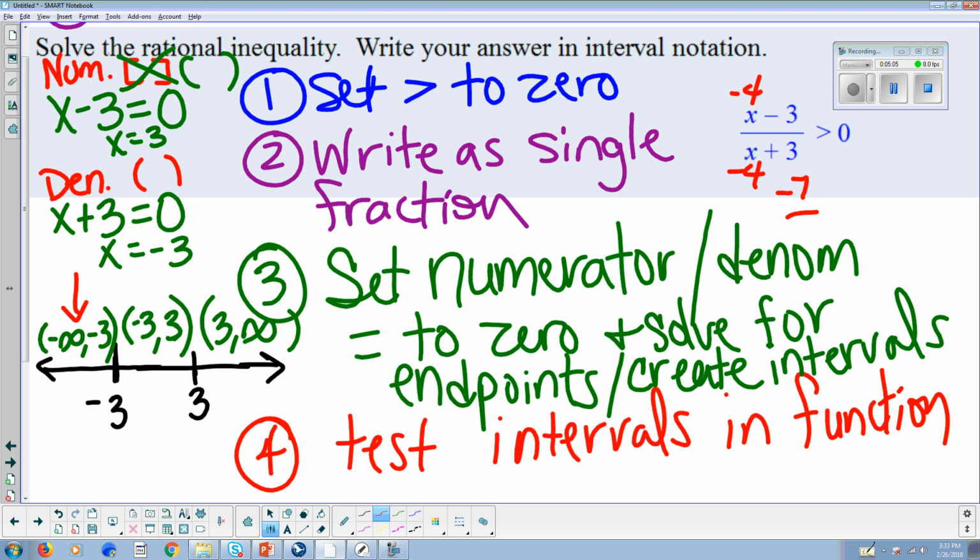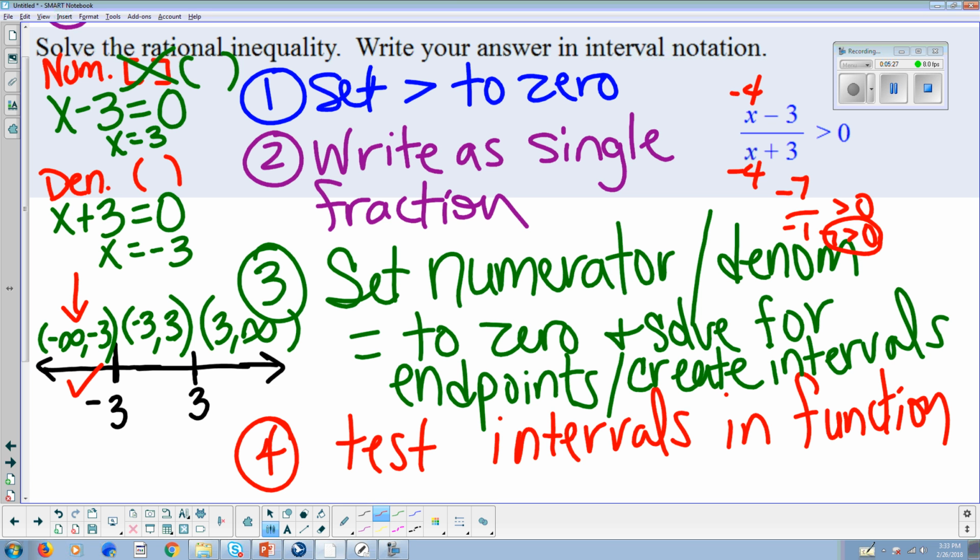Negative 4 plus 3 is negative 1. And negative 7 divided by negative 1 is 7. I want to know, does this simplify to something true or false? Is 7 greater than 0? That's true. Therefore, this interval is accepted as part of the solution set.